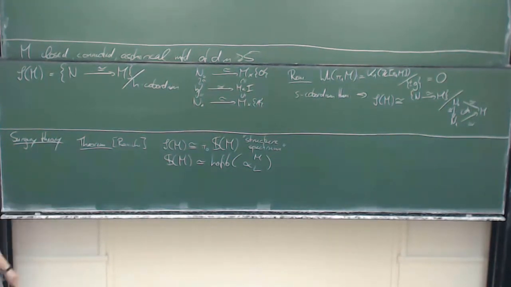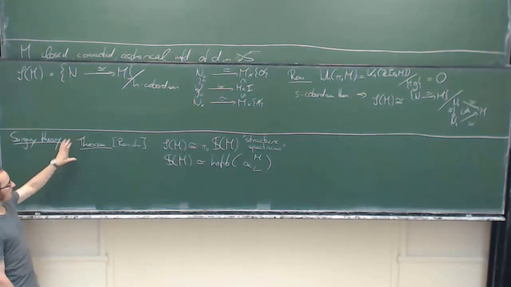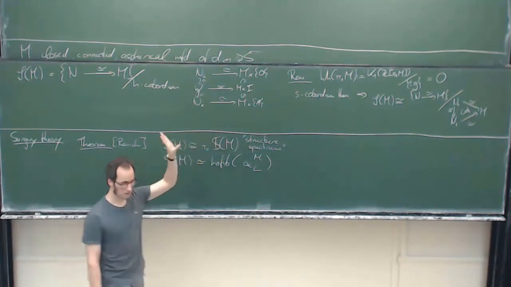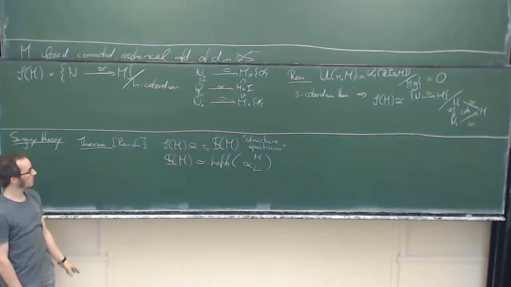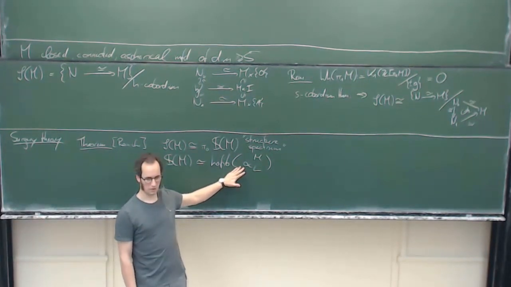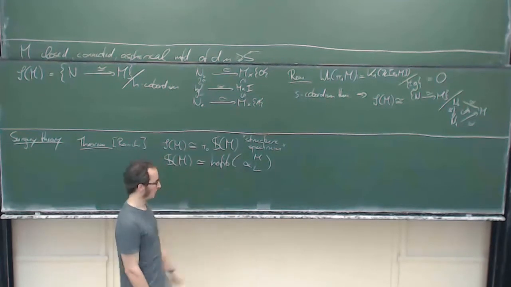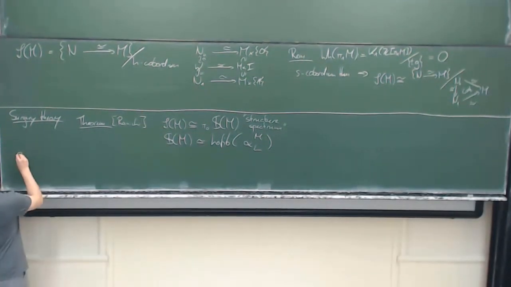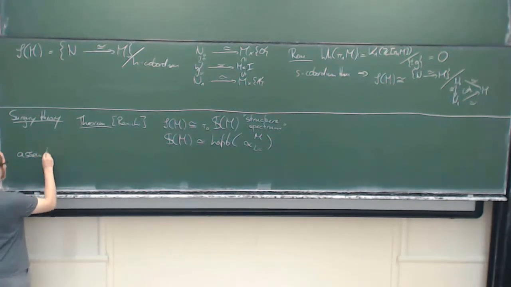So if the transition was somewhat obscure, this is the important thing to take away, so that we can identify the structure set as pi 0 of a certain structure spectrum associated to M, and this structure spectrum arises as the homotopy fiber of a certain map, which I'm going to explain now. This map alpha is what people call an assembly map.